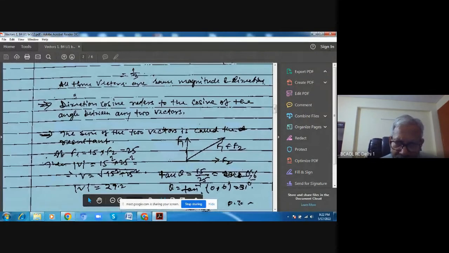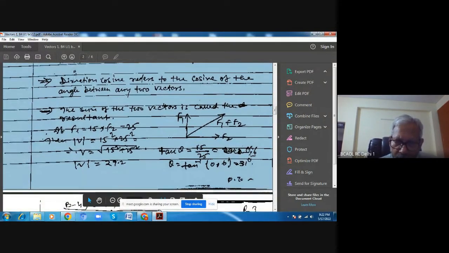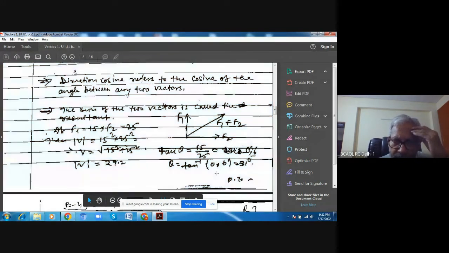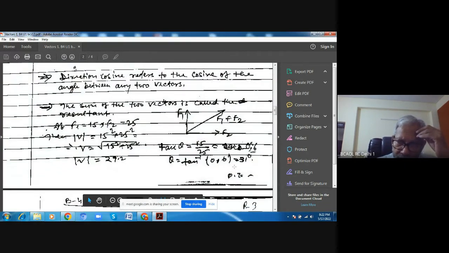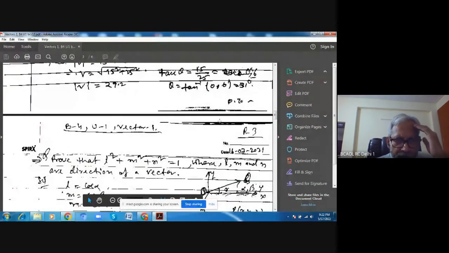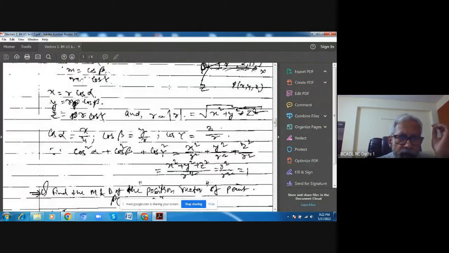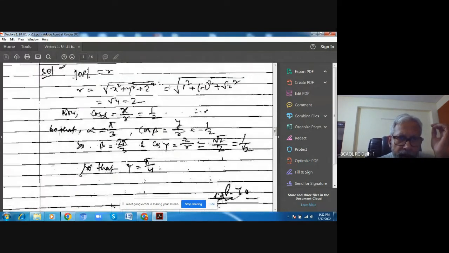Theta is tan inverse of 15 by 25. If you derive it, you can get the value 0.6, which means a minus 31 degree. You can do that with the calculator, no problem. In the exam, a calculator is allowed, so you can do it through the calculator also. So another thing I can show you.